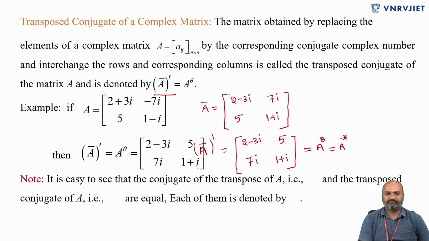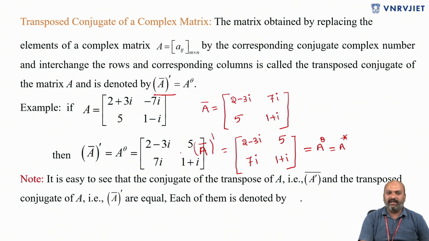Now observe here, first we are finding the conjugate matrix, next we are transposing it. But suppose you first find the transpose, next you determine the conjugate; you get the same.